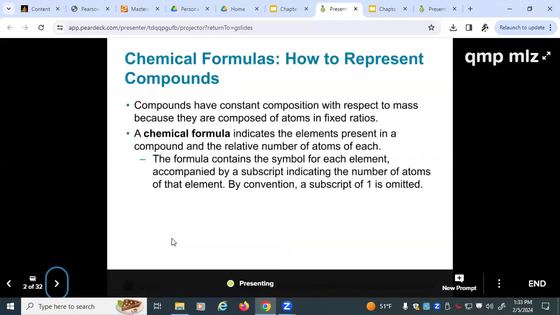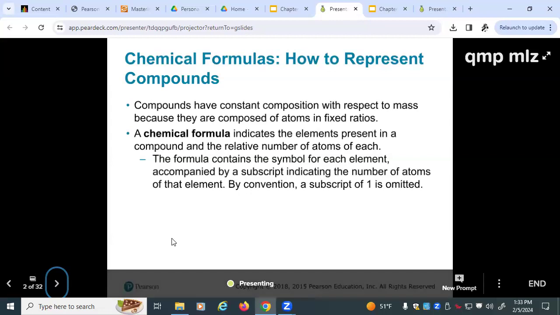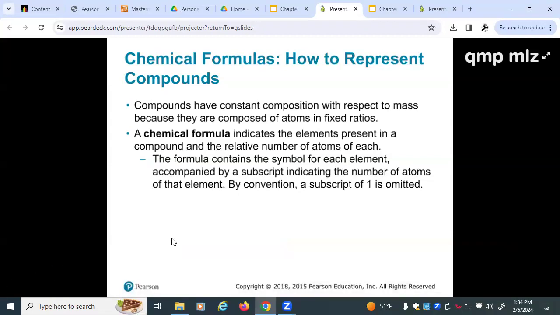So as I was saying, we know by definition that compounds are pure substances. They always have the same elements in the same proportion, the same way every single time. A chemical formula is just a symbolic way of representing what that substance is.